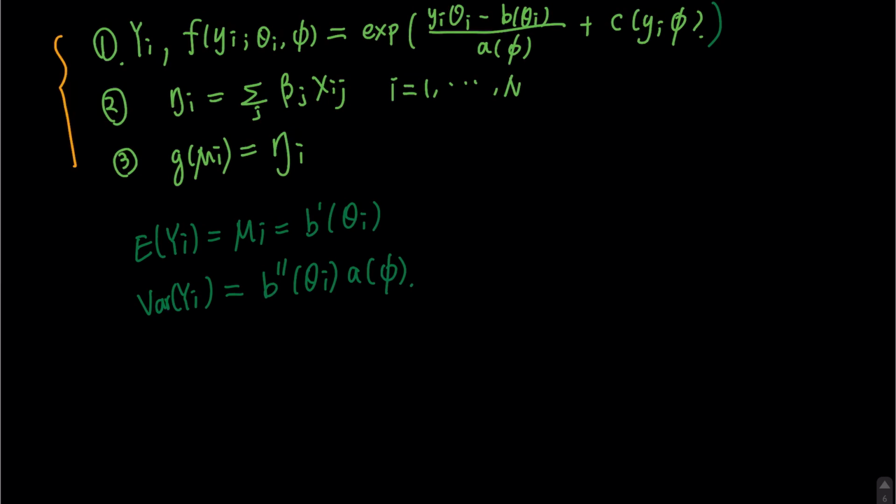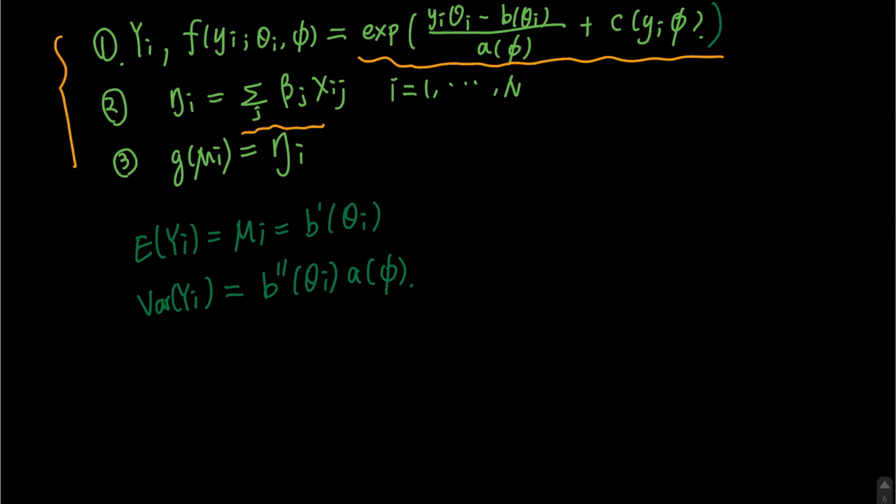Each y follows the same kind of distribution that's part of the exponential family, but they can have their own parameter values. The second part is the systematic part, which is basically a linear combination of different covariates and the model parameters beta, just like in your classical linear model.